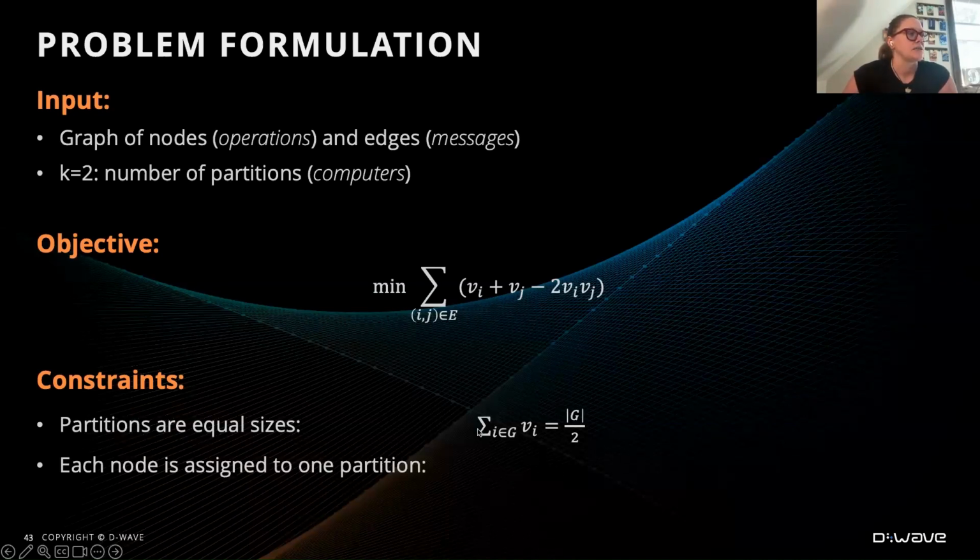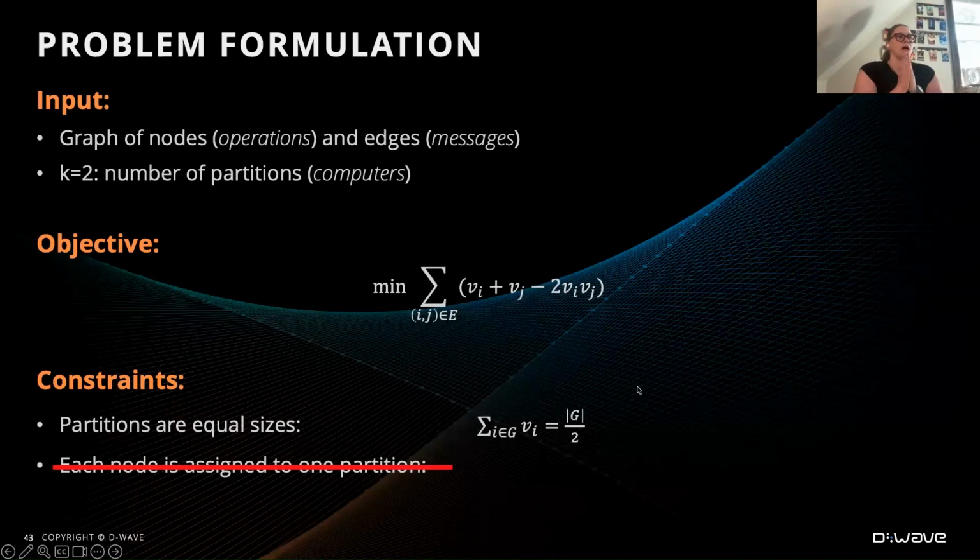We said we still wanted this one because we want to make sure that there's still a balance between the assignments. But now K value is just 2, so we can substitute that in. So we still have this constraint, and we said we didn't need this last constraint, so we're just going to cross that one off.